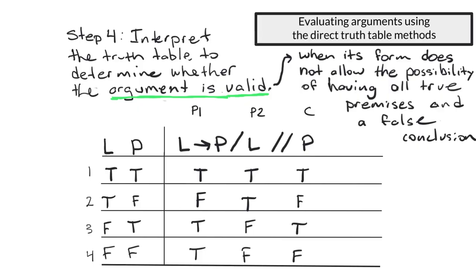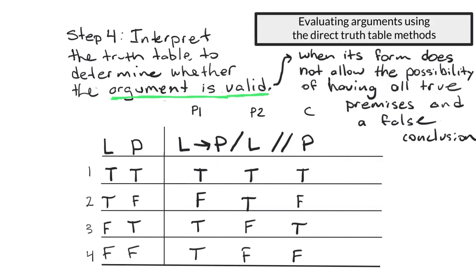And since we plugged in all the possible combinations of truth values for the atomic sentences L and P into the form of this argument, that is, into premise 1, into premise 2, and into the conclusion, now we look to see if it's possible for this argument to have all true premises, in this case, both premises true, and the conclusion false on the same row. So that's how we're going to test out this form.